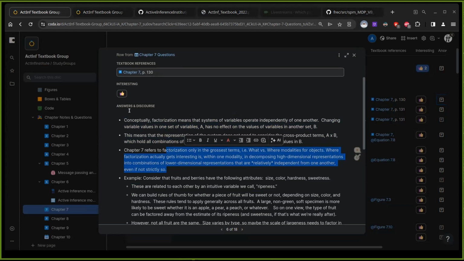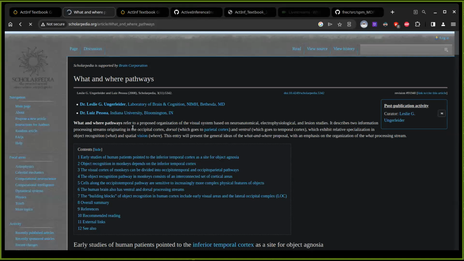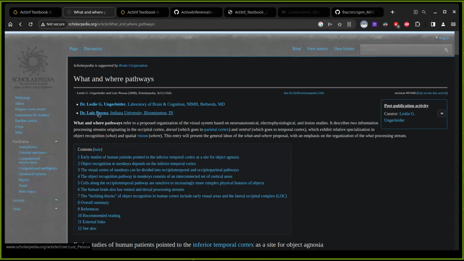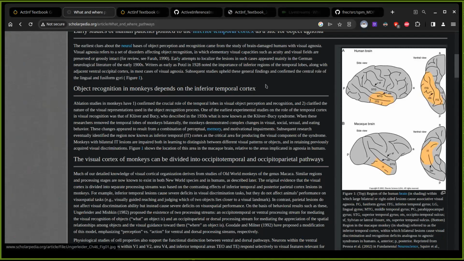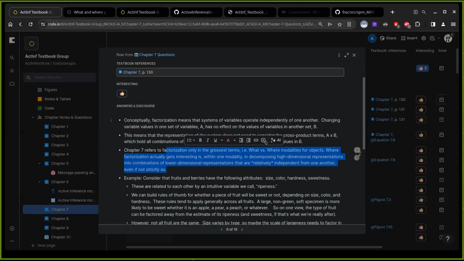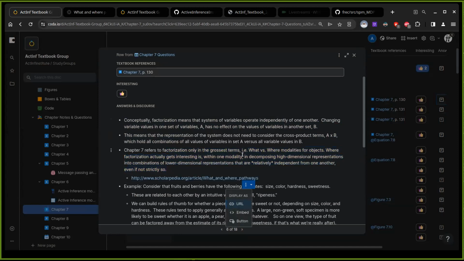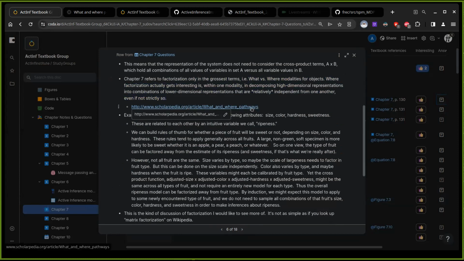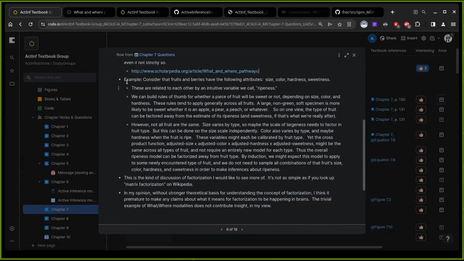So I'll bring this in. But the what and the where are these two, oh funny, Pessoa. These two streams of visual input. So it's one of those things where the structure of the inference architecture recapitulates the structure of the problem. Because again, we would expect vision to have that kind of factorization between what an object is and where it is.